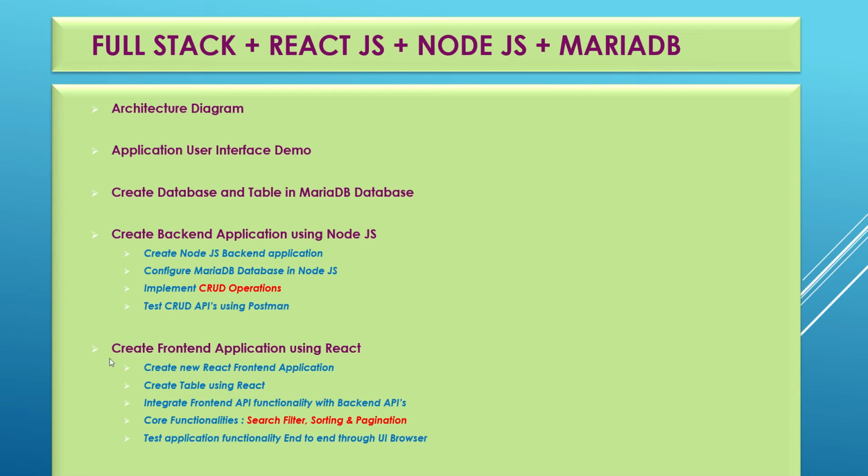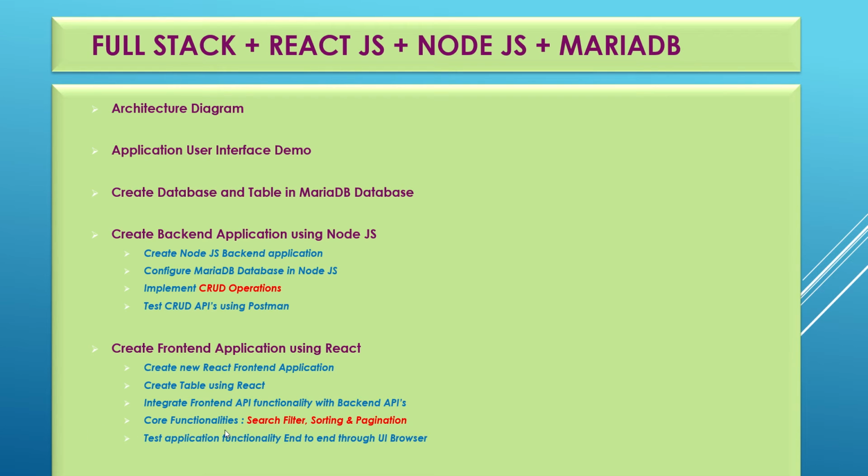Next, on the front end side, we will create our front end application using React.js. First, we will create a new application. Next we are going to create a table using React table and populate it with columns and data, and we are also going to write integration logic so that we can connect with our backend APIs and fetch data or store data to the database using these integration functionalities.